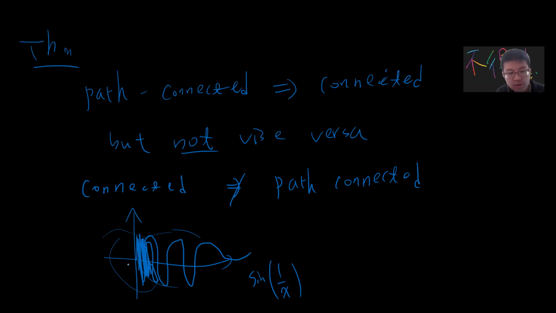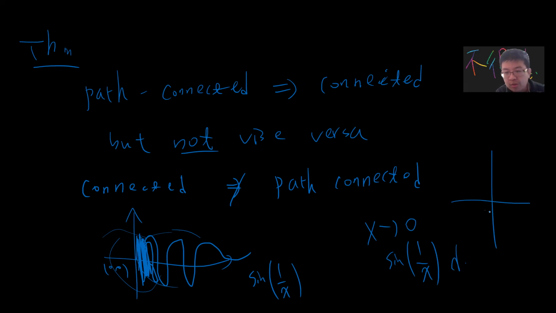The reason is that, let's say you take (0,0) at some point here, and another point. You cannot find a continuous function that goes into this point, because at 0 the sine of 1 over x does not converge. As x goes to 0, sine of 1 over x does not converge, right?